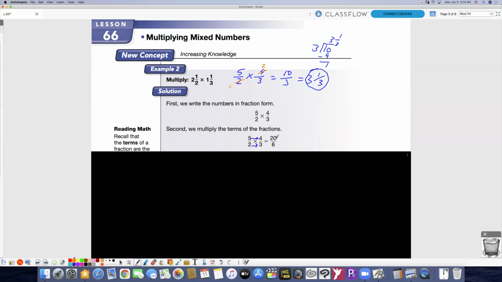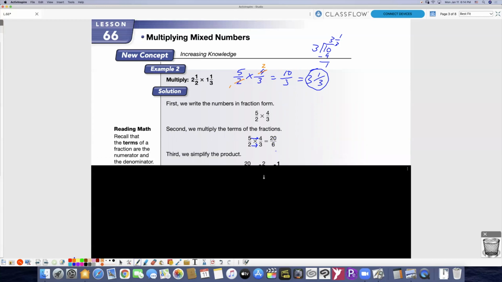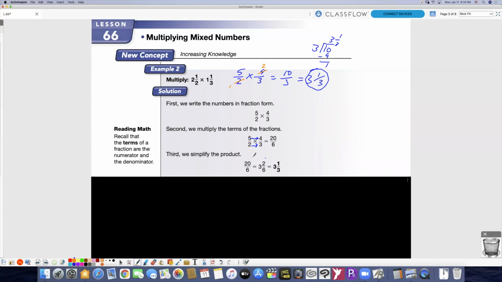Here you can see they didn't reduce it to 10 thirds. They have 20 over 6. You can still find the answer to that. 20 over 6 would end up with 3 2/6, but then it would have to be reduced. Notice our answer just ended up right at 3 1/3. It was already reduced because we did our reduction right here.